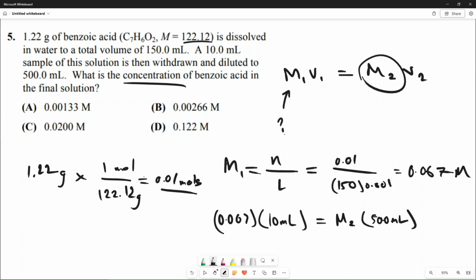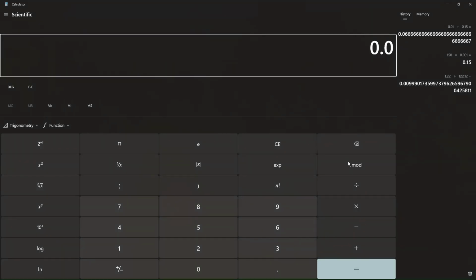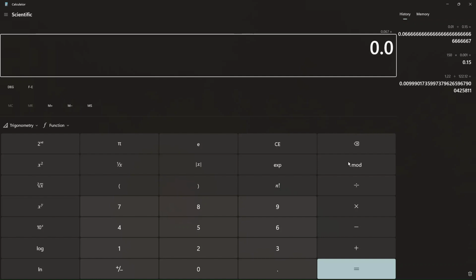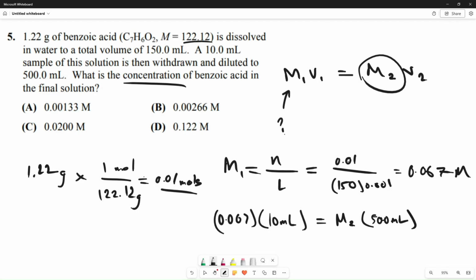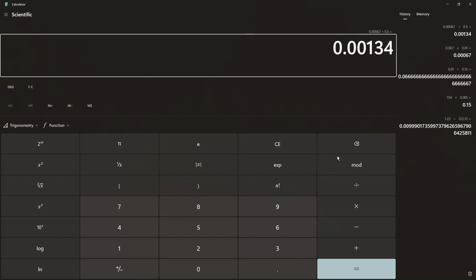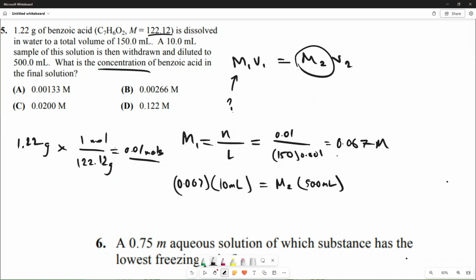Okay. So the final concentration, M2, is equal to 0.00134, which is matching this one, A.